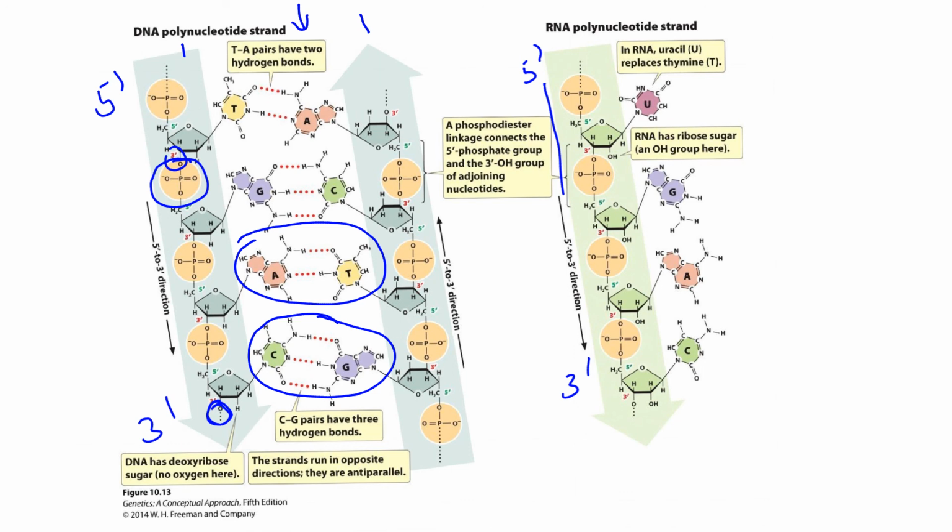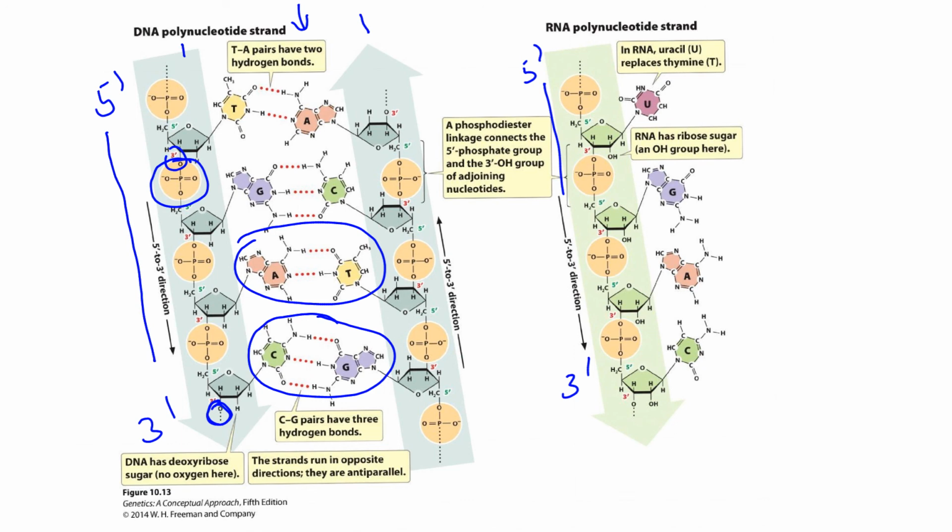So hydrogen bonding is a much more efficient way of connecting two strands together, while, as you recall, for the primary structure, the connection of nucleotides, we need a stable bond, which is covalent.